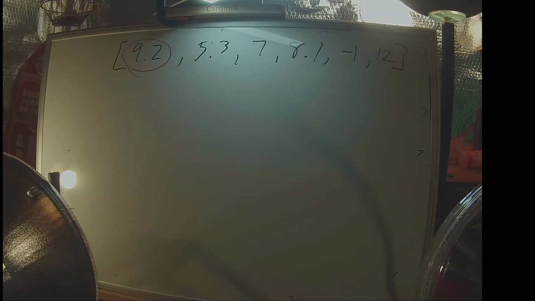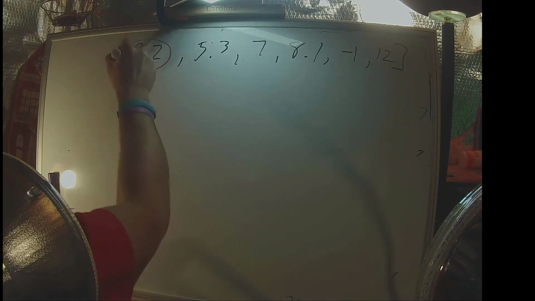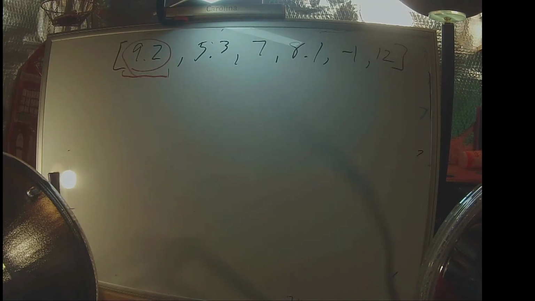And all we want to do is take the next value and insert it into our sorted list, which is just this little conceptual list with one element, 9.2. We want to put it into our sorted list in sorted order.